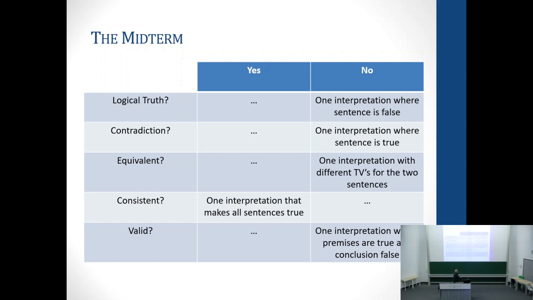You can show that two sentences are not logically equivalent by giving one interpretation where they differ in truth values. You can show they're consistent by giving me one that makes them all true, and you can show an argument's invalid by making the premises true and the conclusion false. Interestingly, we can't do the stuff where the dots are.